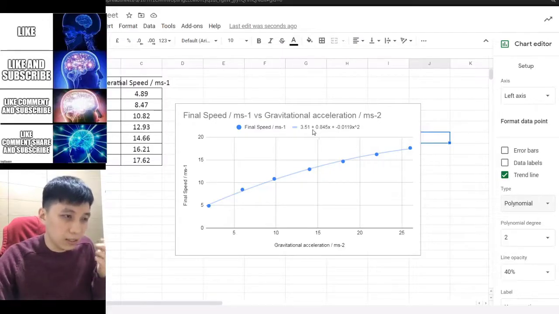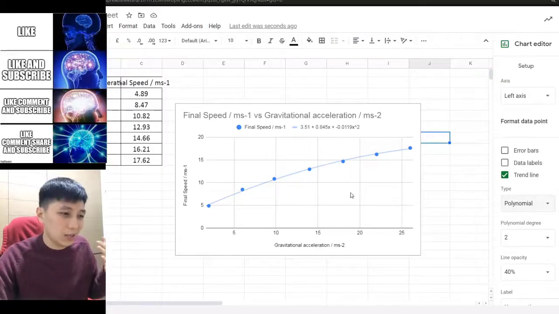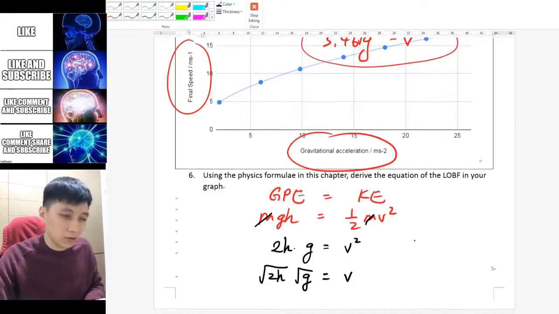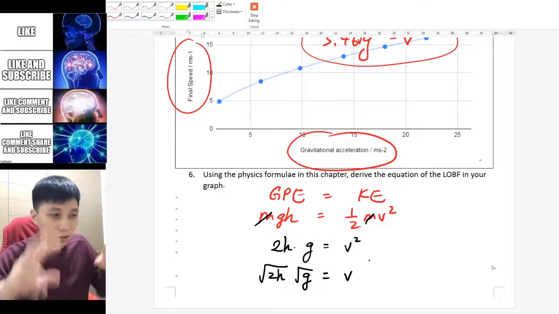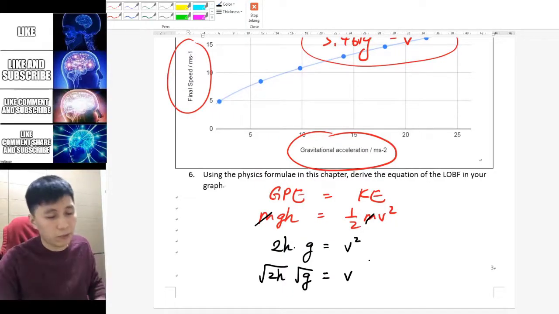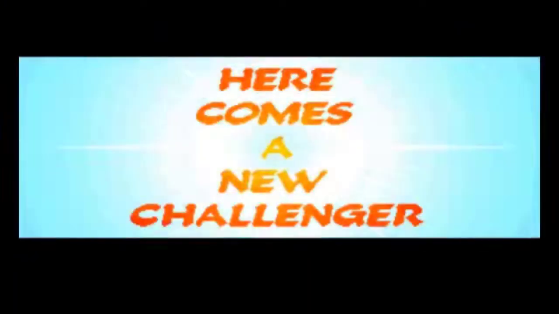But then if you look at the formula, you can see that 3.5, which is a constant, plus 0.8x plus a negative 0.01x squared. So it doesn't make sense at all, right? If you compare with the so-called physics framework that we have based on the fundamental formula that we find in the earlier video. Here comes a new challenger!